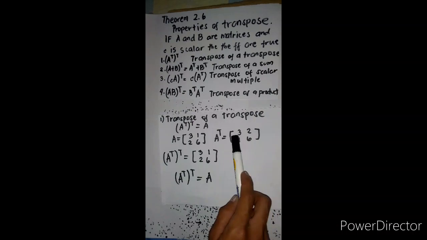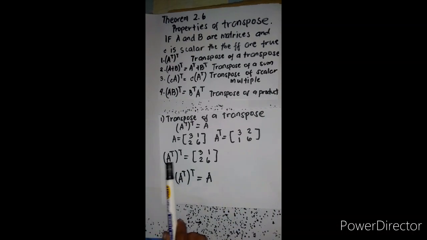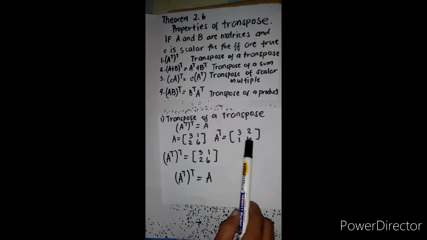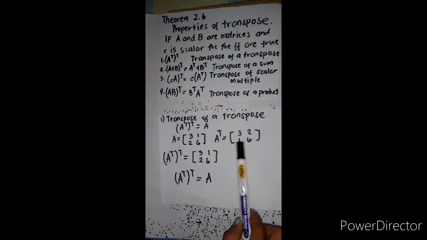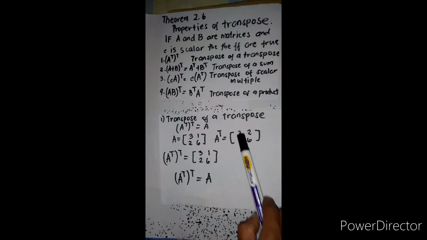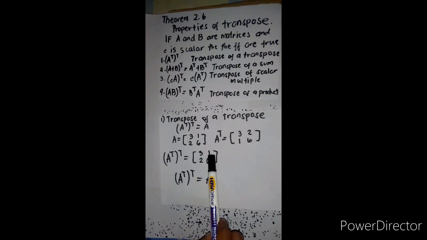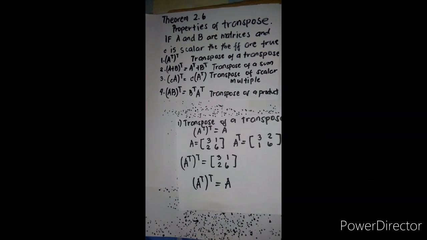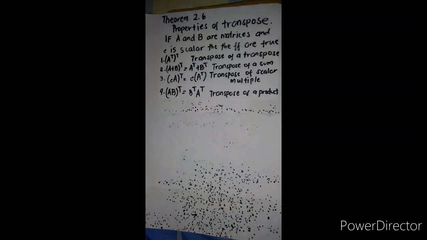When you transpose this A transpose, will you go back to the value of A? A transpose, write this column into a row, 3, 1, and 2, 6. So A transpose transpose is equal to the value of A. That's our first property in Theorem 2.6.